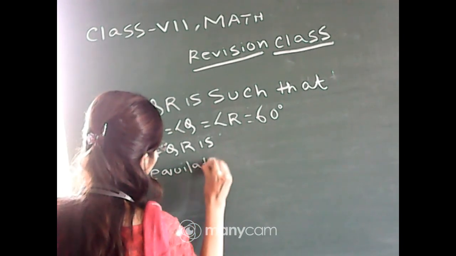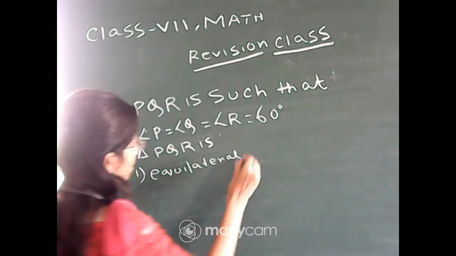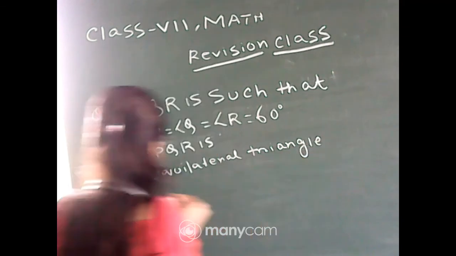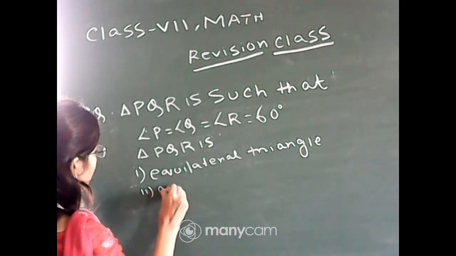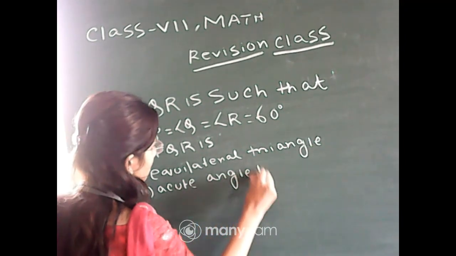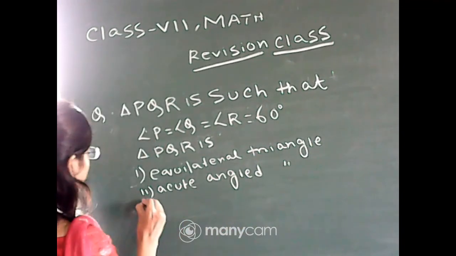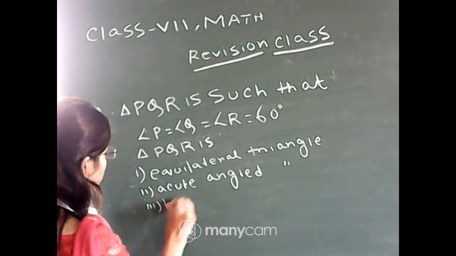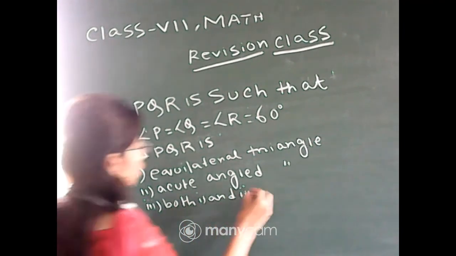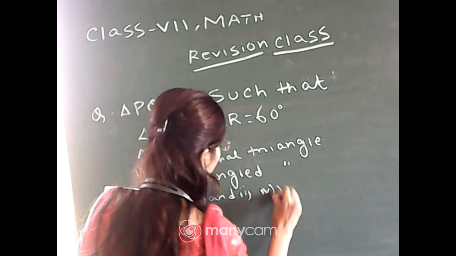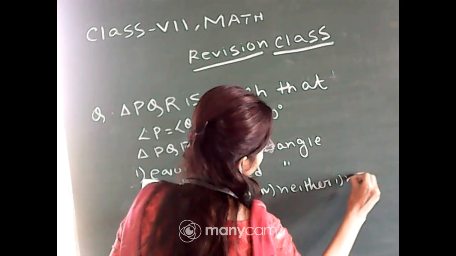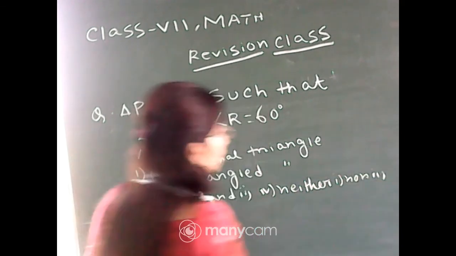Option 2 is acute angle triangle. Option 3 is both 1 and 2. And option 4 is neither 1 nor 2. What is the correct answer?